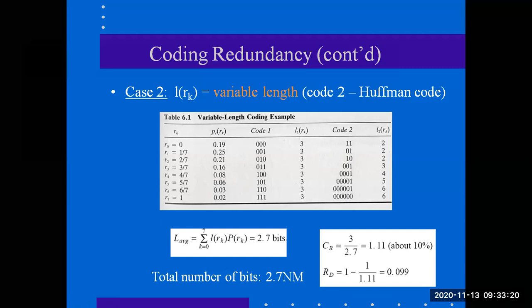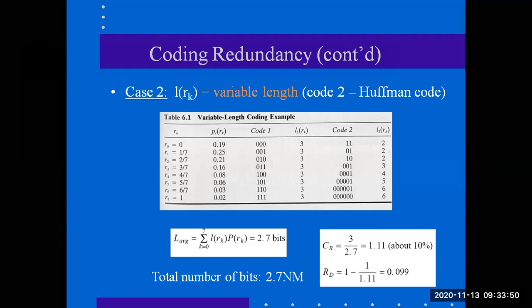So, 2.7 N, right? Please note down. R0 equals 0, R1 equals 1 by 7, R2 equals 2 by 7, R3 equals 3 by 7, R4 equals 4 by 7, R5 equals 5 by 7, R6 equals 6 by 7, R7 equals 1.